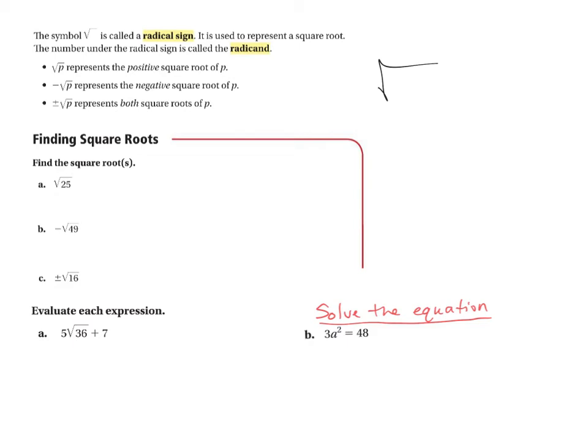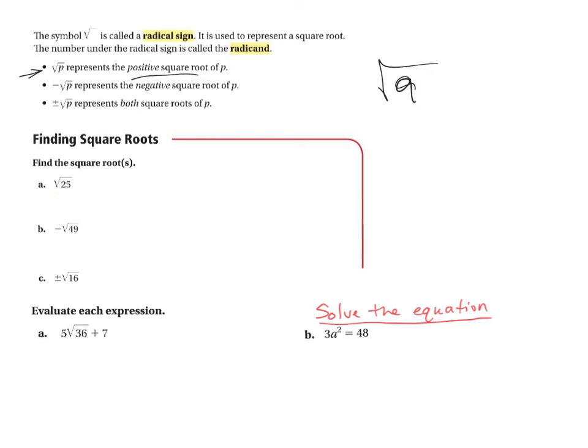So if it just says the square root of 9, then it just wants the positive square root.